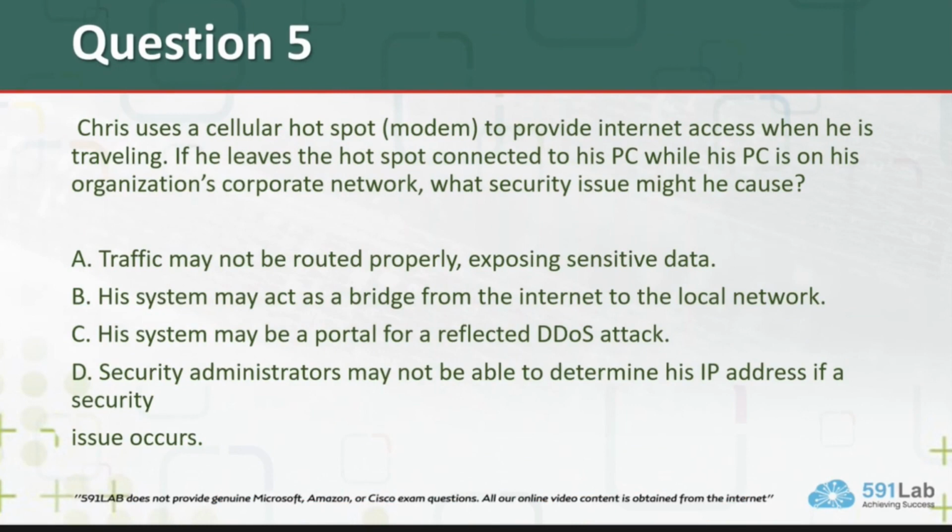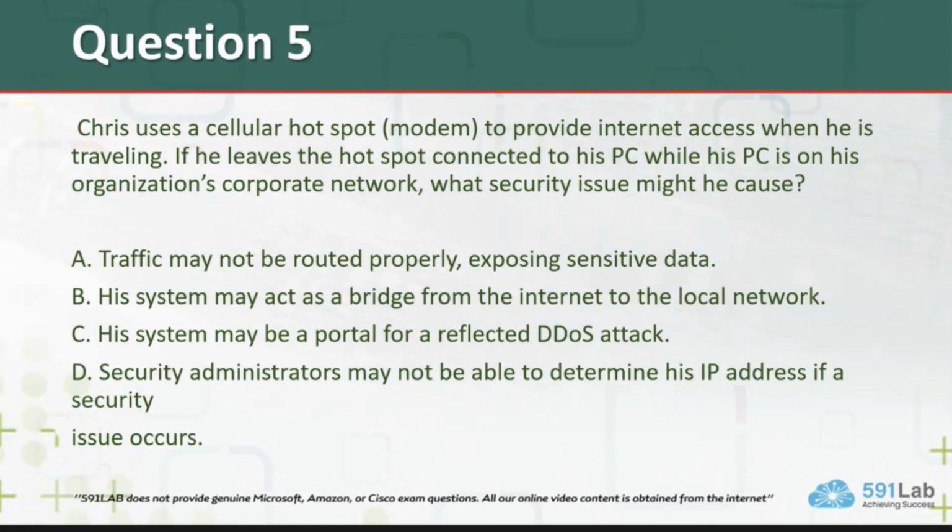Chris uses a cellular hotspot modem to provide internet access when he is traveling. If he leaves the hotspot connected to his PC while his PC is on his organization's corporate network, what security issue might he cause?